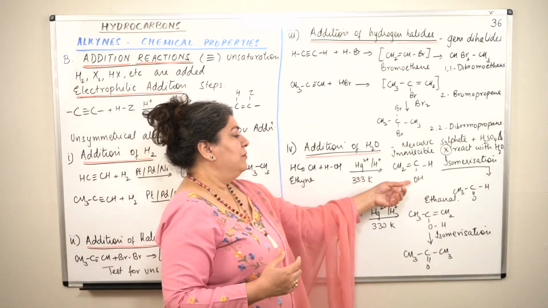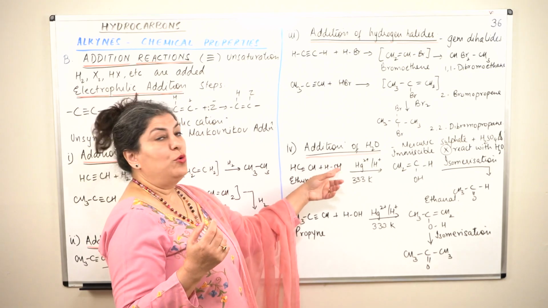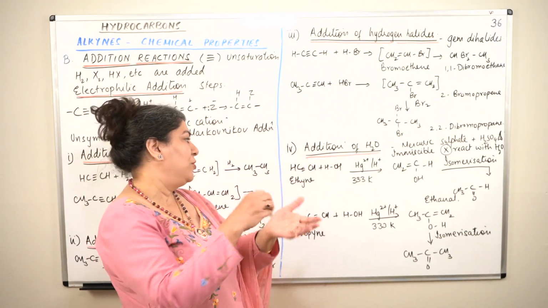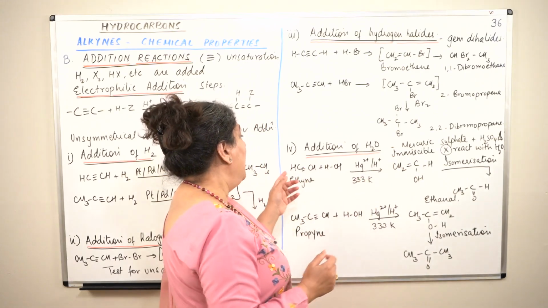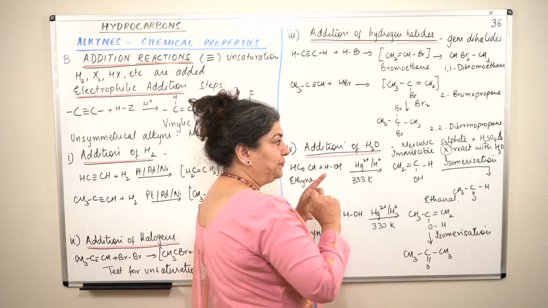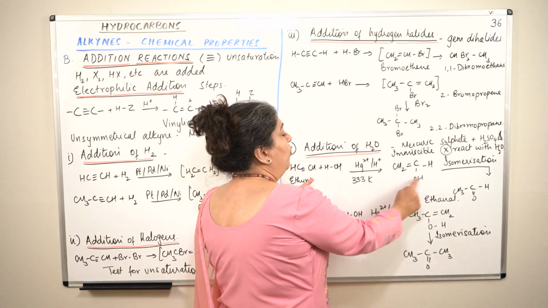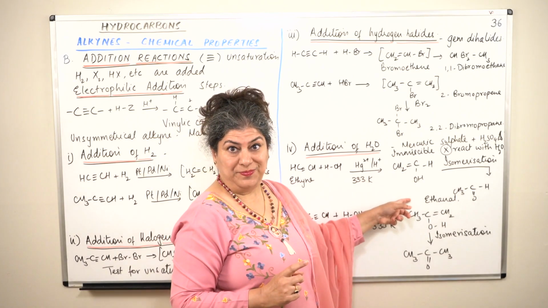When OH comes and attaches, the negative charge will be lost because this carbon was positive and the OH was negative, it used those electrons to form the bond, therefore you get the neutral molecule. And now since you have CH2 double bond COH, what is this molecule?